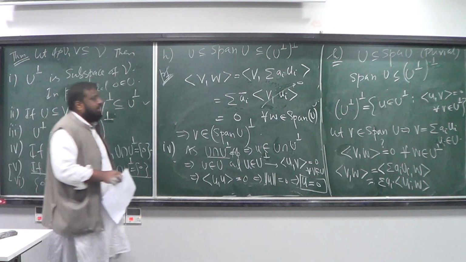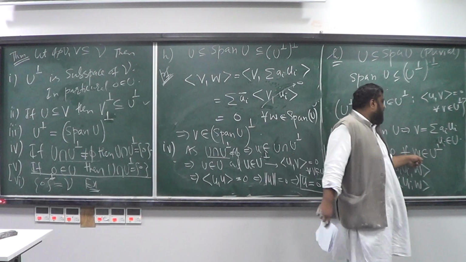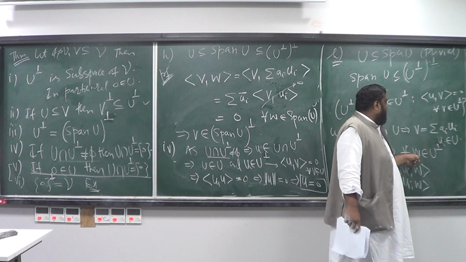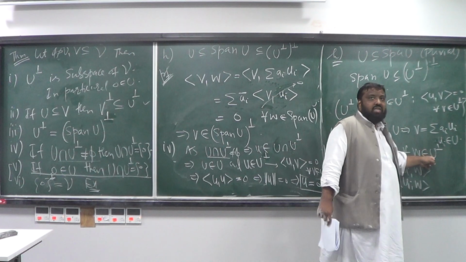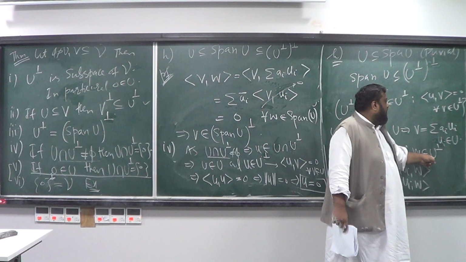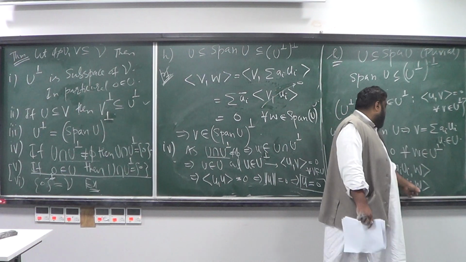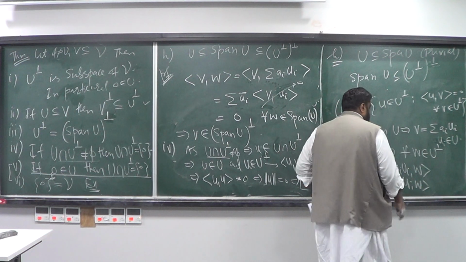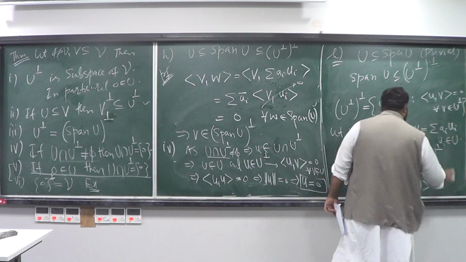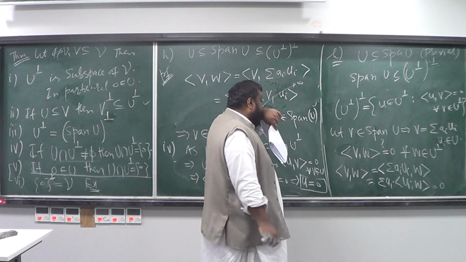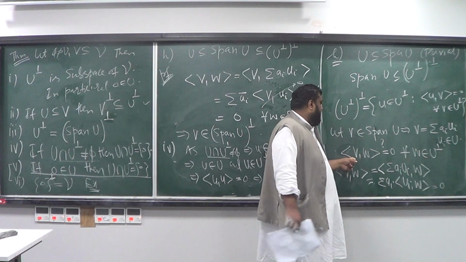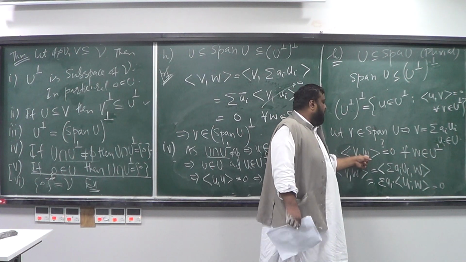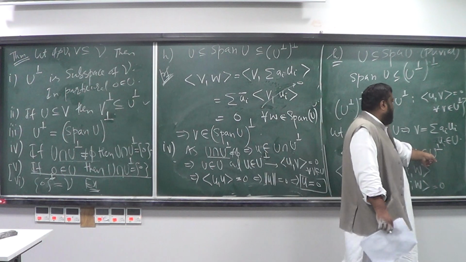I know that W is in U perp, so W's inner product with every single element in U must be 0. So these u_i's are from U, so their inner product with W must be 0, and hence this must be equal to 0. So this shows that V is orthogonal to W for all W in U perp.